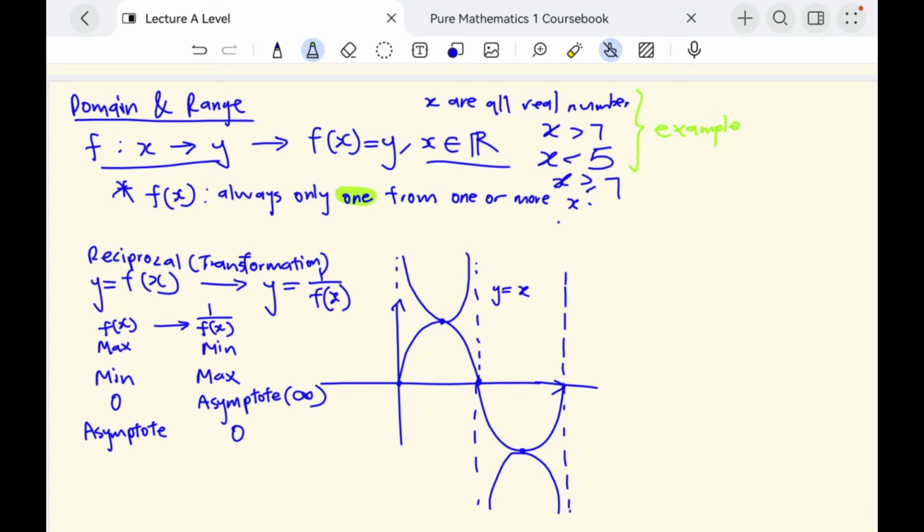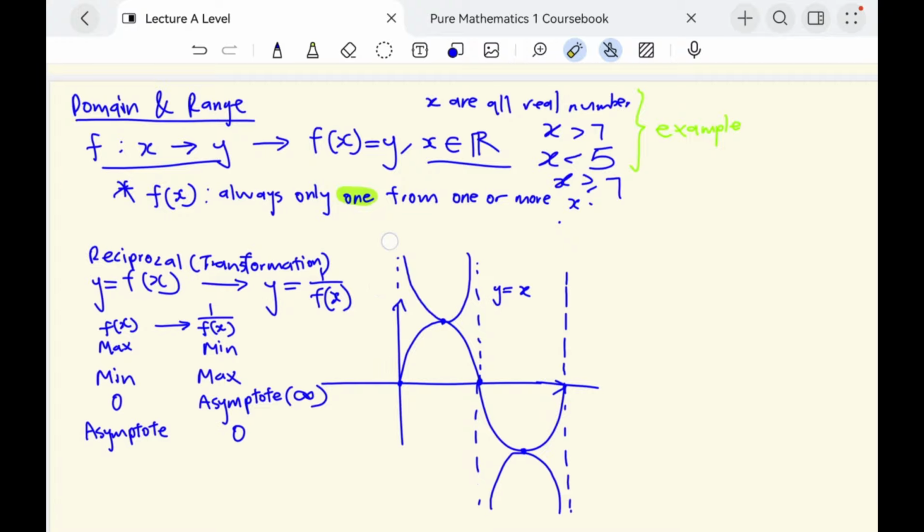Functions with a similar expression may have different domains. So this is the piecewise function. You will learn this subtopic later. Alright? So sometimes different domains have different ranges. Okay?